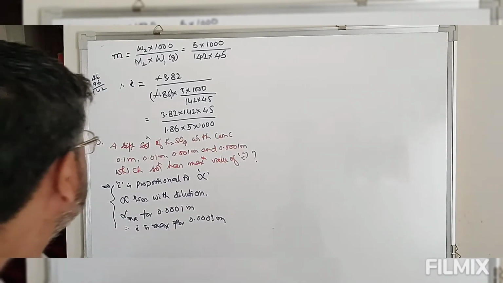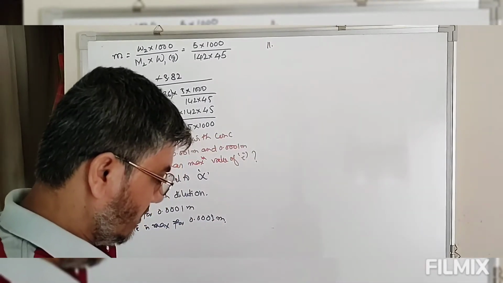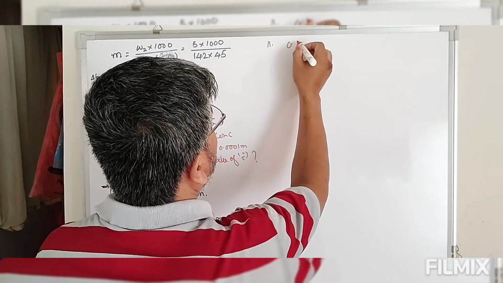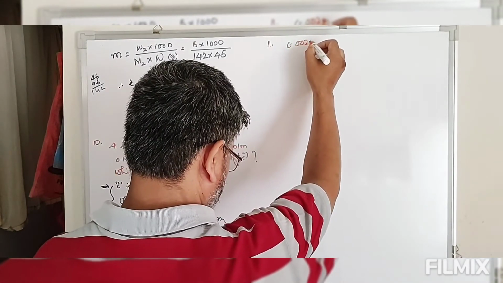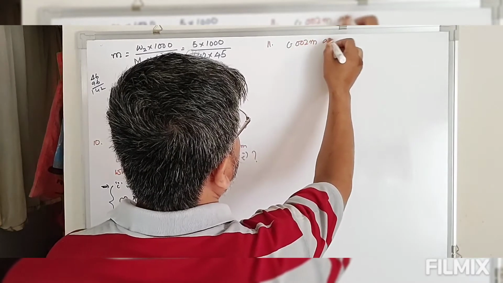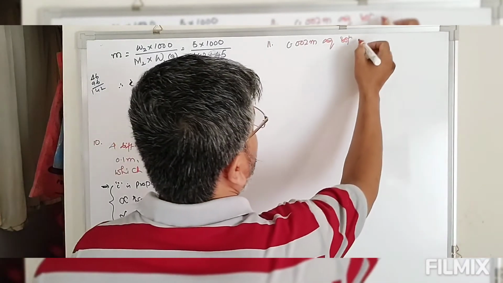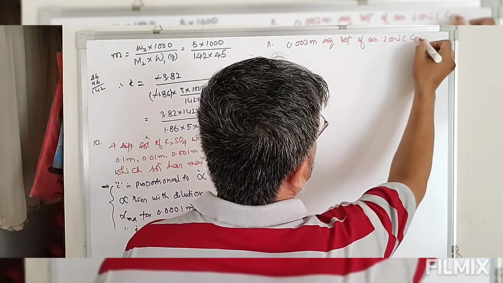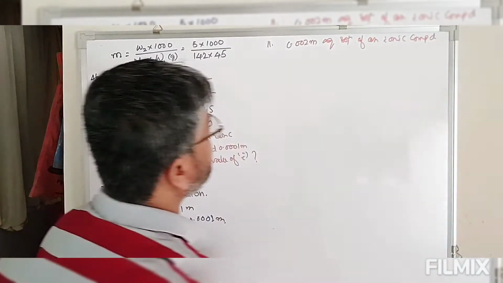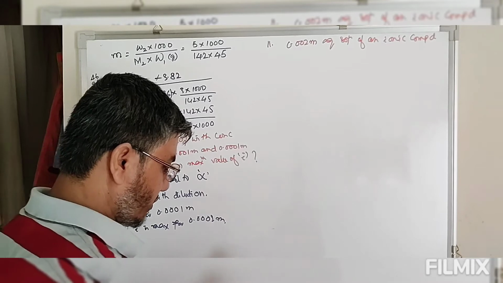Now next question says a 0.002 molar aqueous solution of an ionic compound. So we have given an ionic compound whose concentration is 0.002 molar and its aqueous solution.